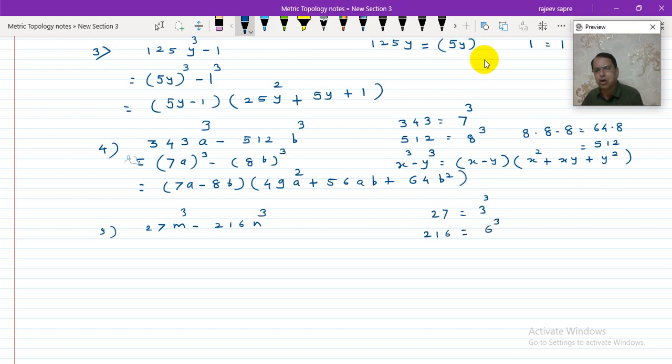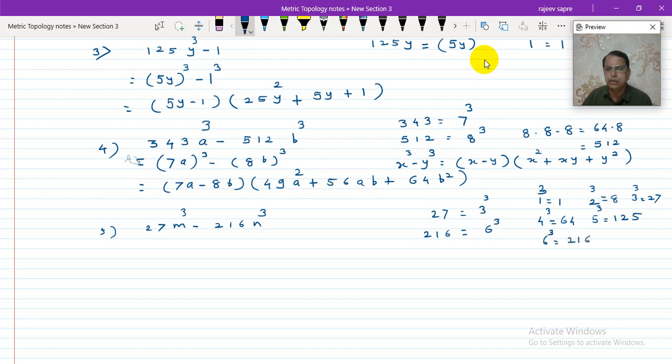See, up to 10 all the cubes you should know. 1 cube is 1, 2 cube is 8. This list you must know. 1 cube is 1, 2 cube is 8, 3 cube is 27, 4 cube is 64, 5 cube is 125, 6 cube is 216.